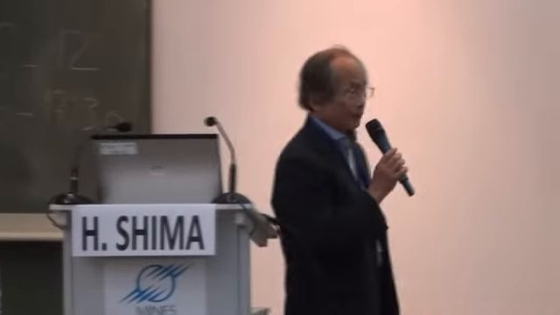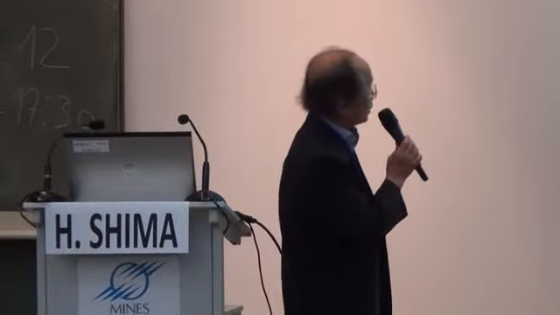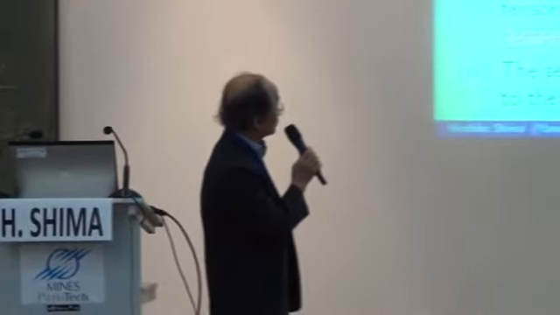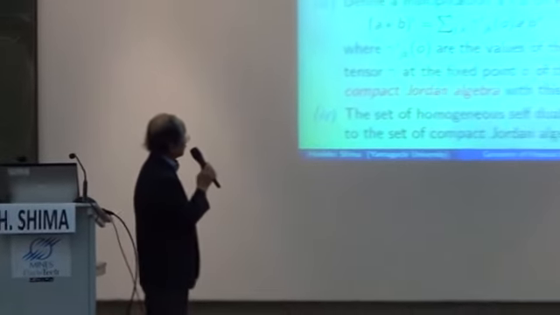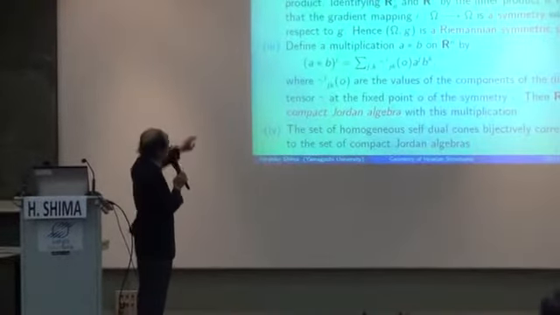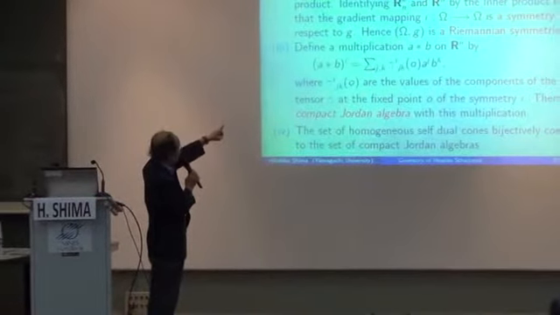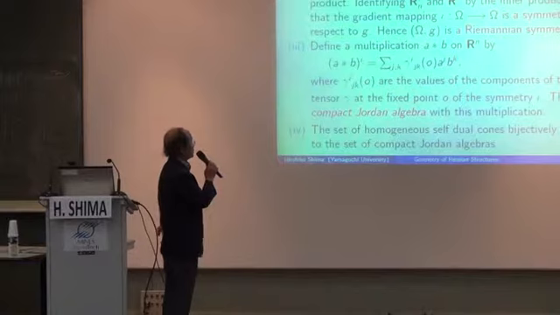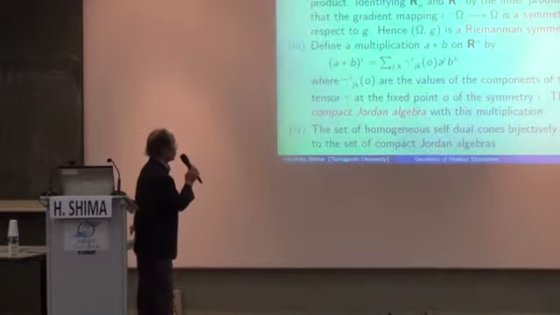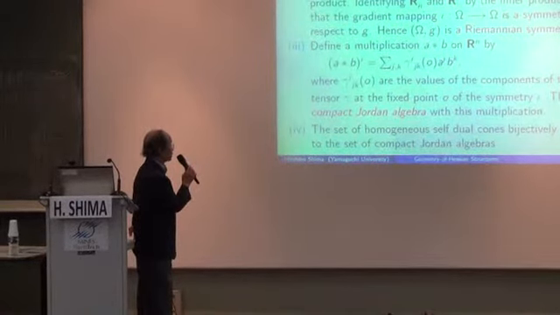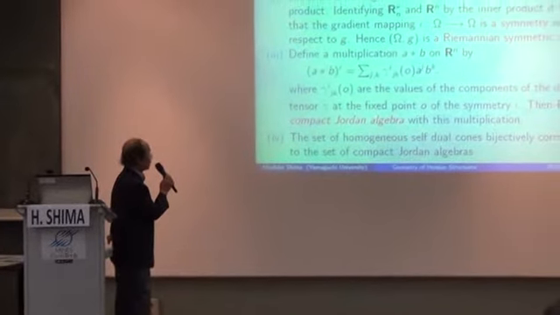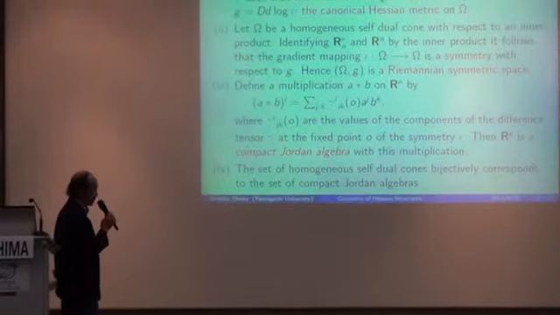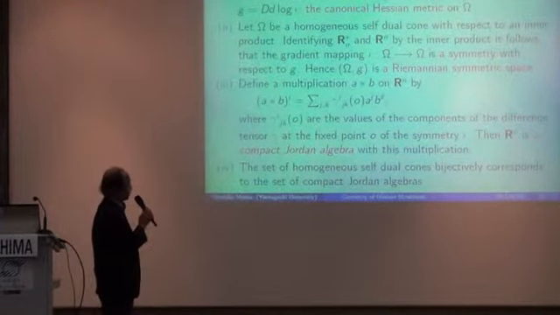In this case, we define a multiplication on R^n. (A star B) with i-th component equal to sigma gamma^i_jk(O) a_j b_k, where gamma^i_jk(O) are the components of the difference tensor gamma at the fixed point O of the symmetry iota.